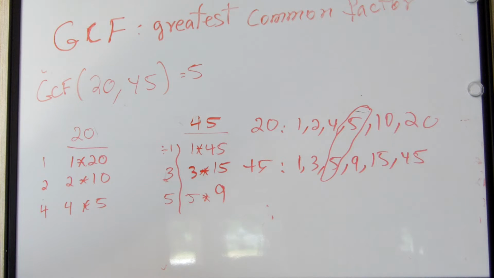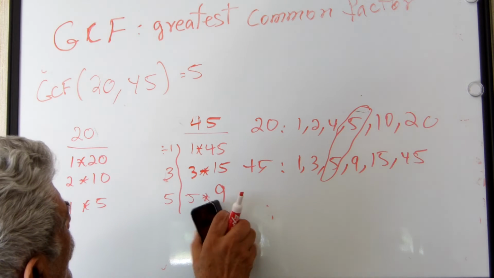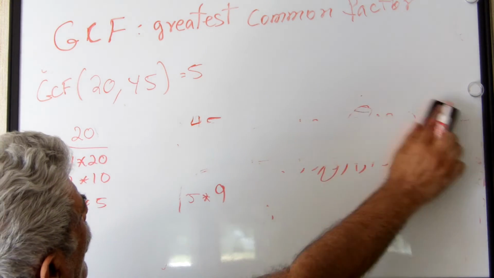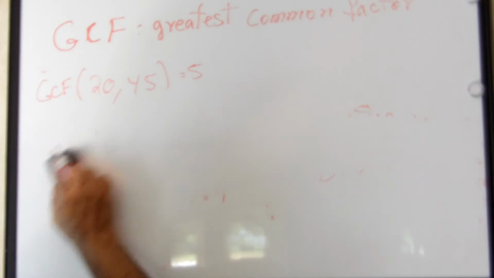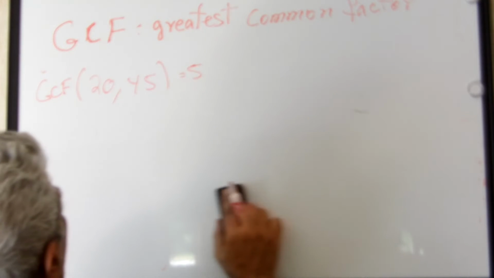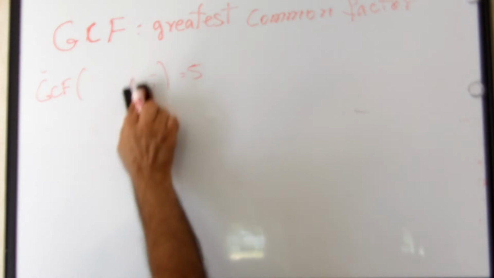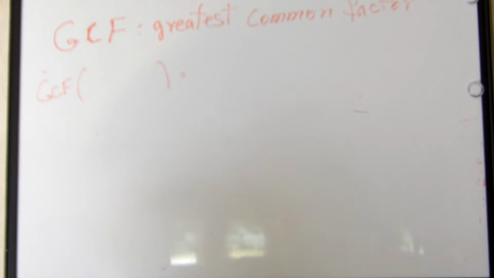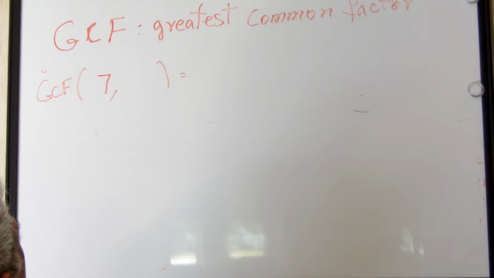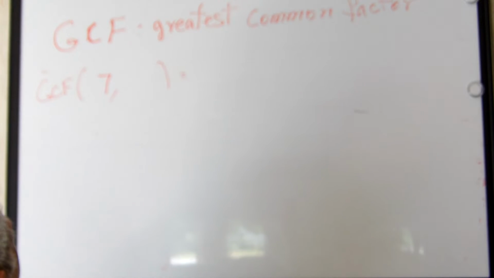So let's find another number here. For example, we choose one of the numbers that's hard to find the GCF of.